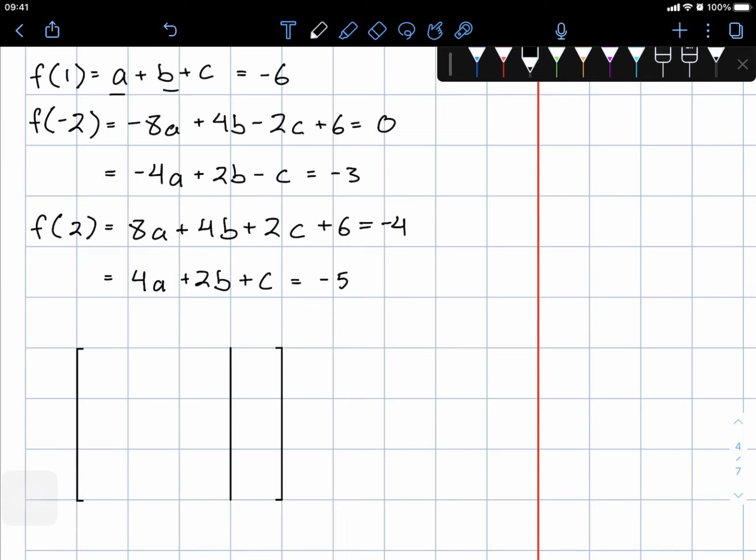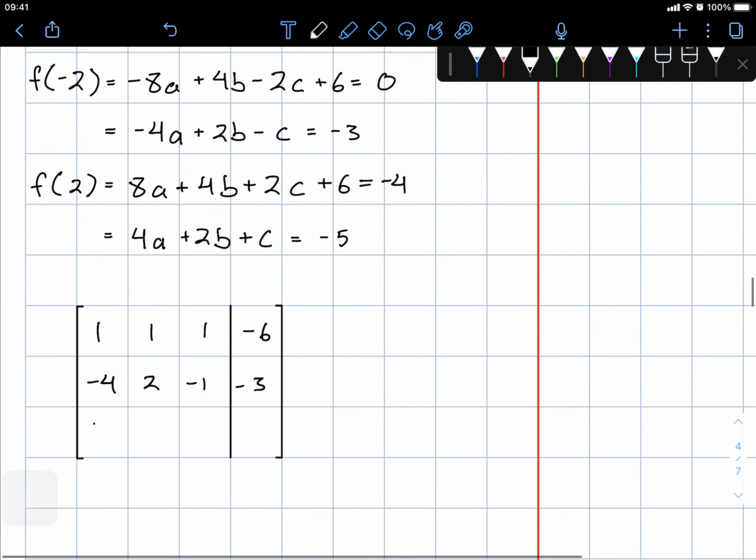So 1, 1, 1, -6, -4 to -1. I think you've already seen this in the previous example. And 4 to 1, -5.